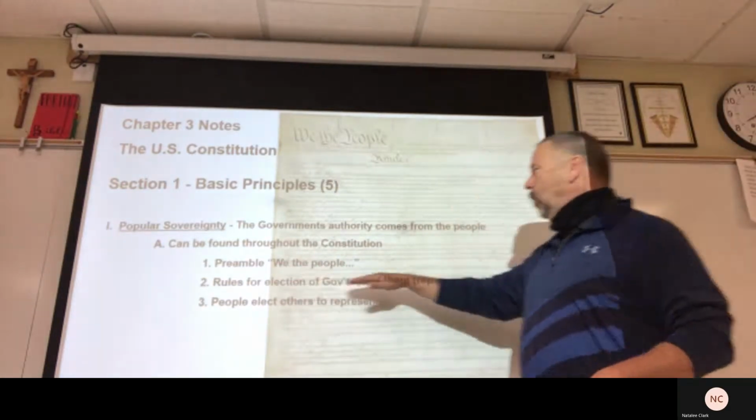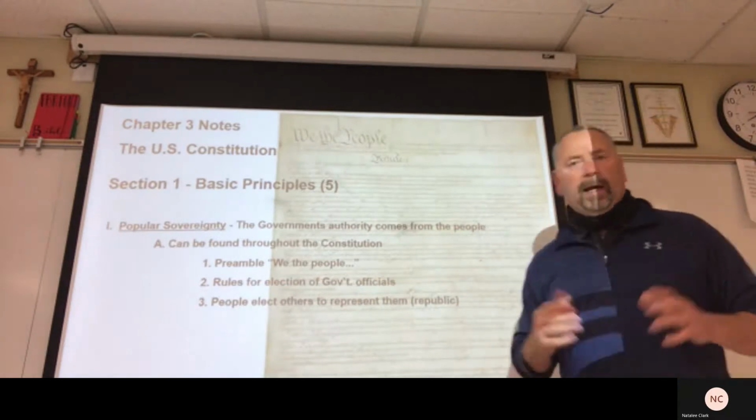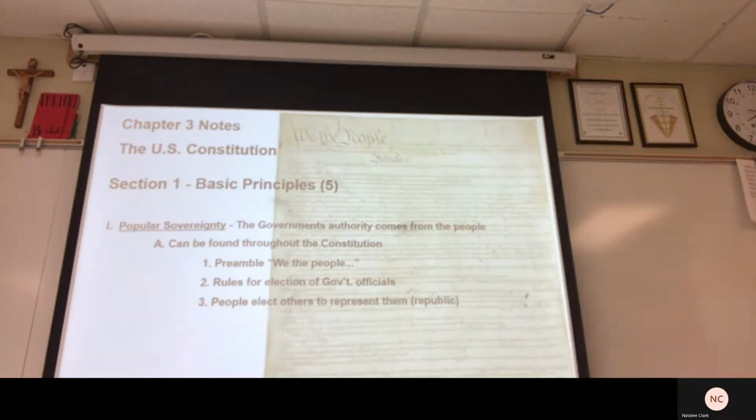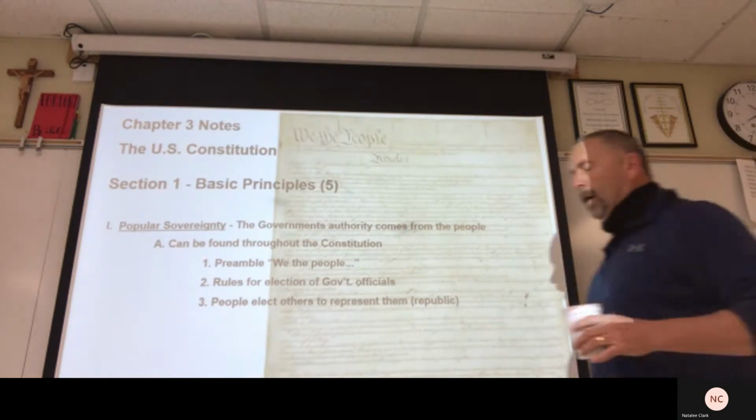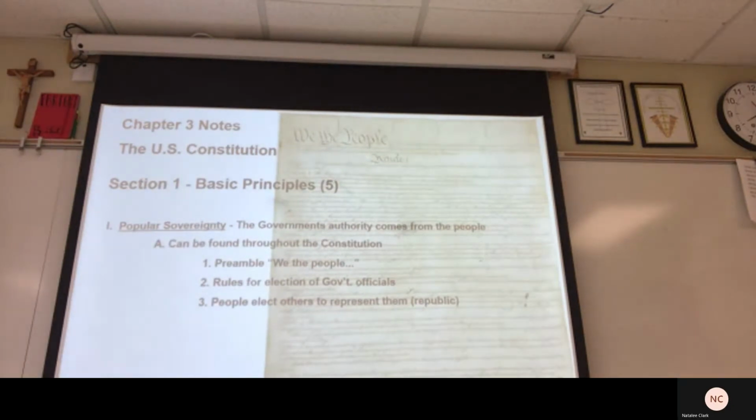And there's rules for election of government officials. Right now, in the House and Senate, 2021 currently, they are trying to pass some laws about federal elections. We saw a lot of angst and confusion over the last election.